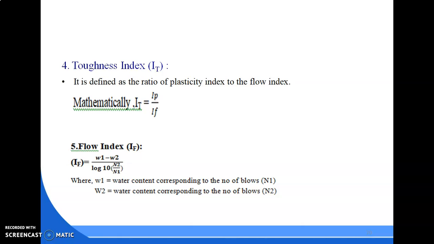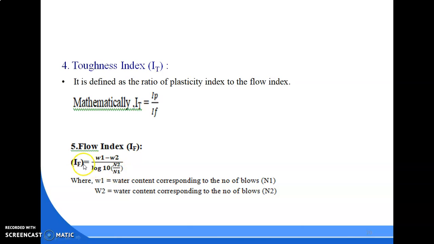The next is the toughness index, IT. It is defined as the ratio of plasticity index to the flow index as shown here. Mathematically we can write IT equal to IP by IF. Then last one is the flow index, IF.